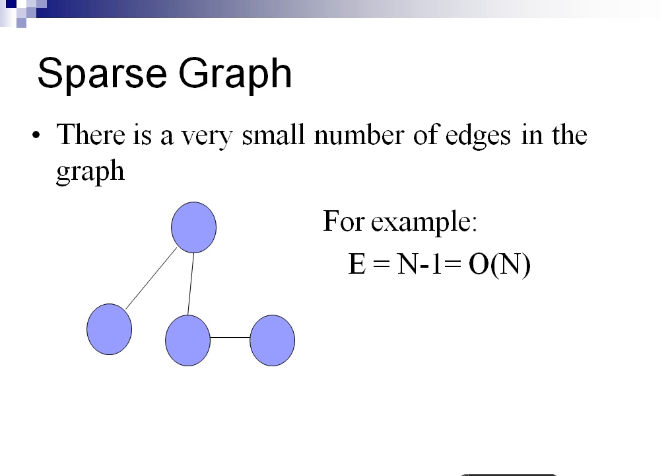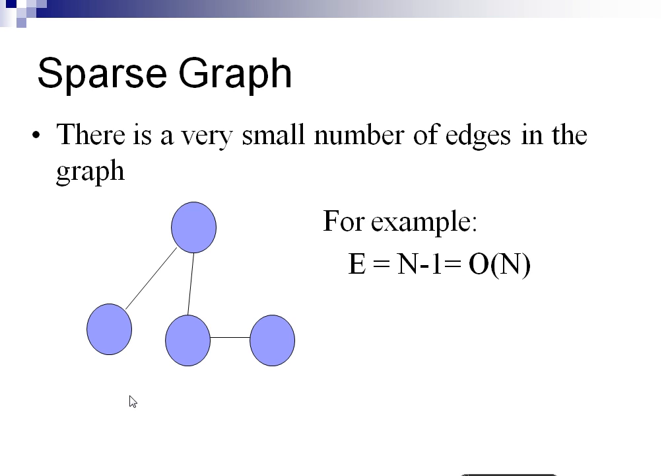A sparse graph is a graph where a small number of edges in the graph exist. A sparse graph is a graph where you have very small number of edges.